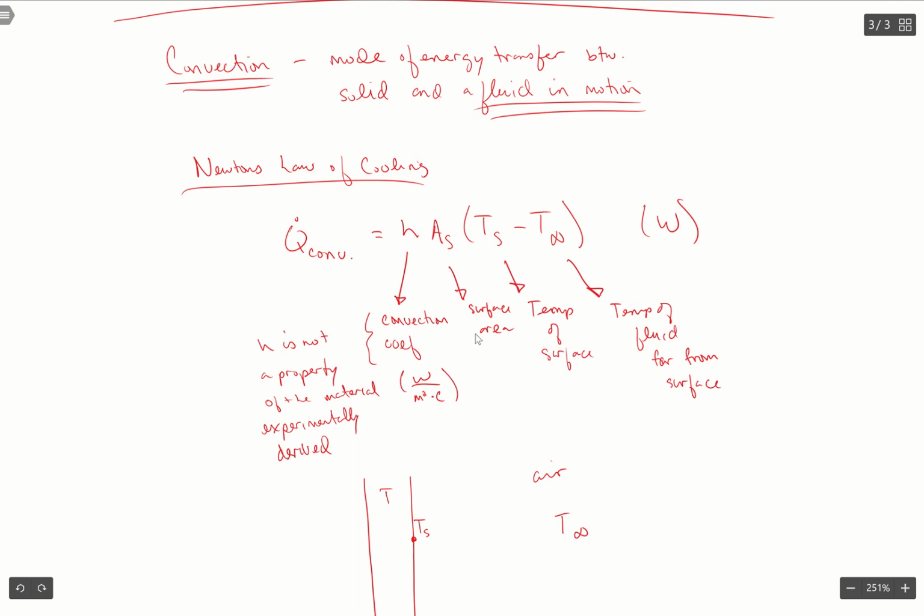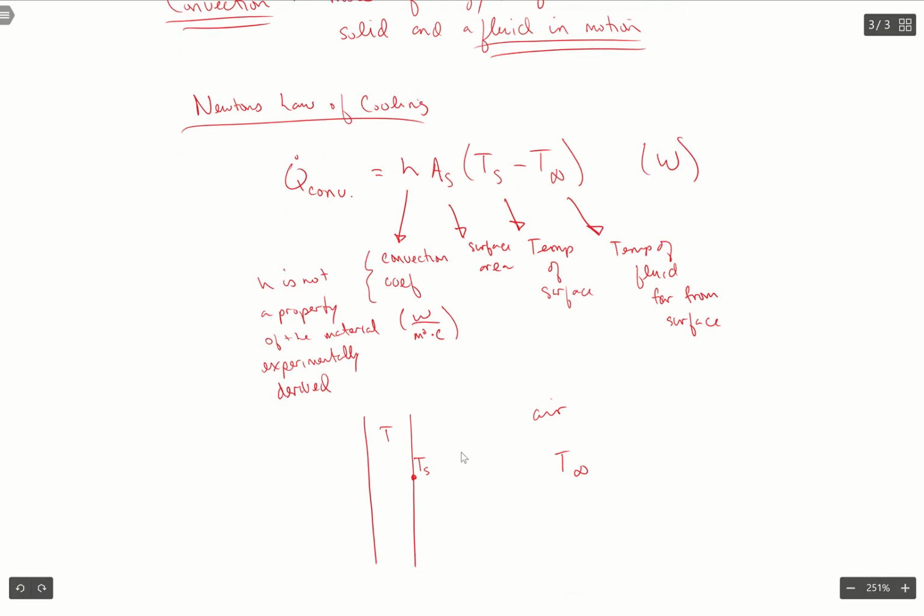Remember, A is the area of that large plane wall face. And then times this temperature change, Ts minus T infinity, where Ts is the temperature of the surface, and T infinity is the temperature of the fluid sufficiently far enough away from the surface. And the units for convection are given in watts.